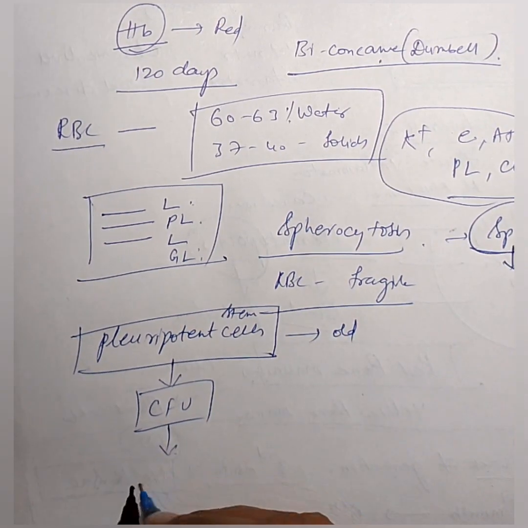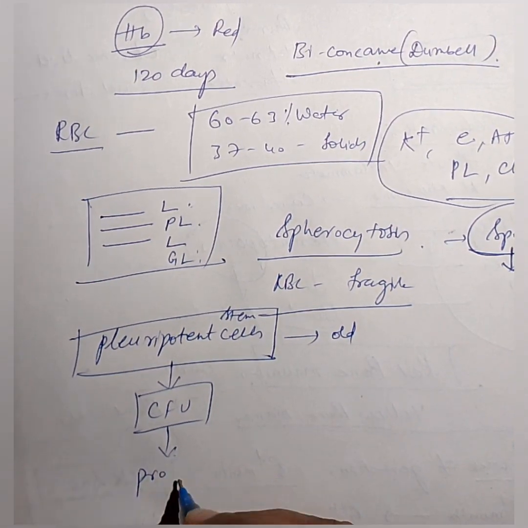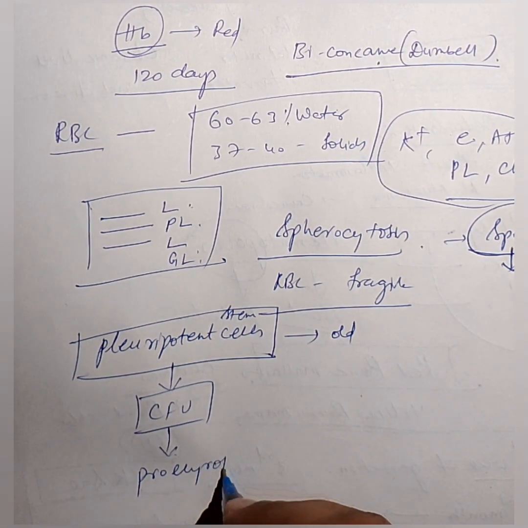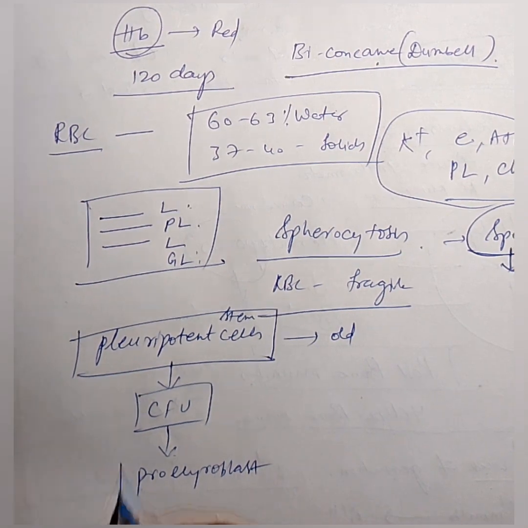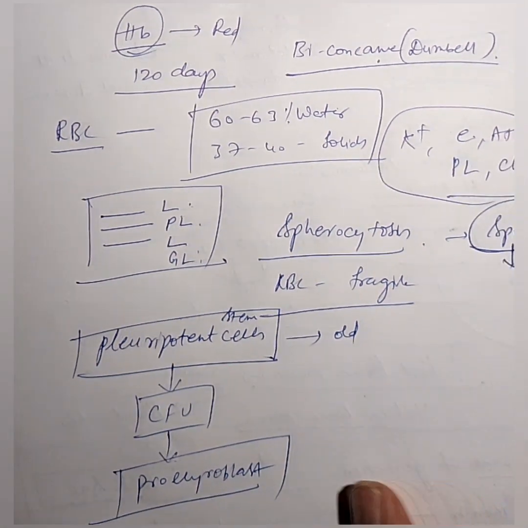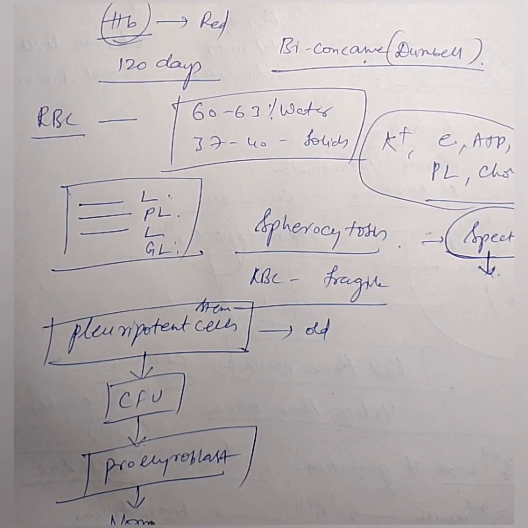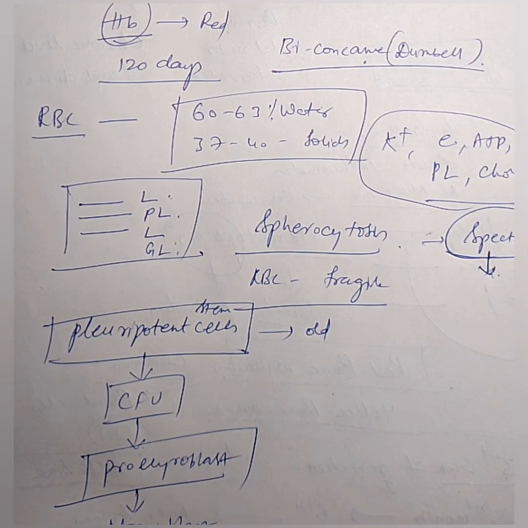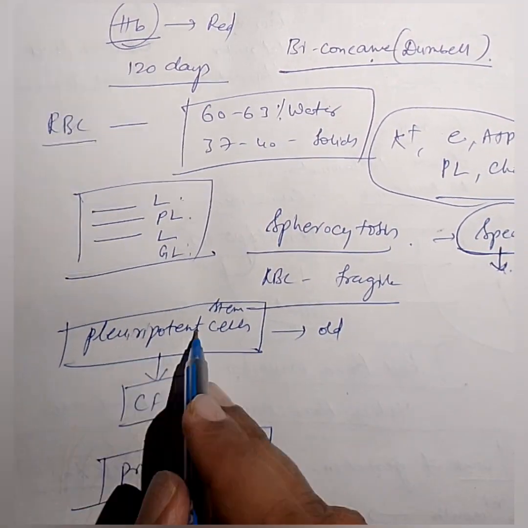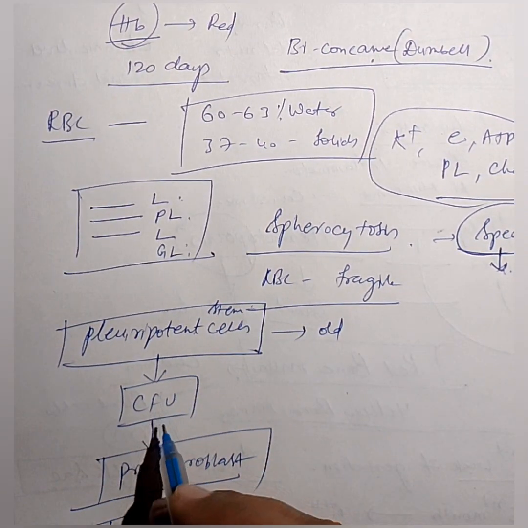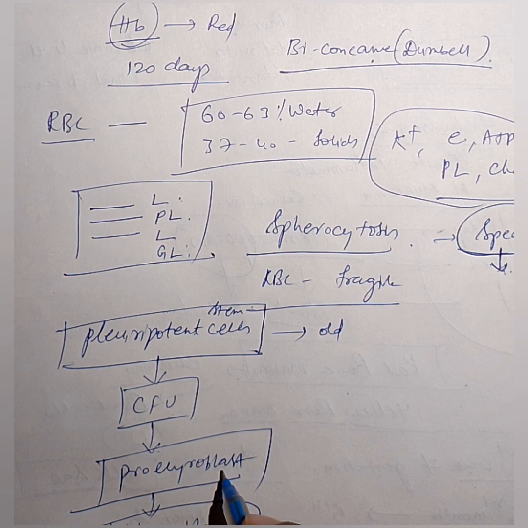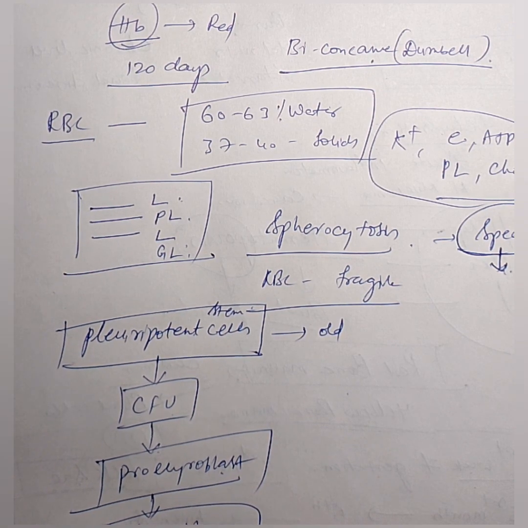From this we can see proerythroblast. Before the formation of erythroblast we can see proerythroblast, and after this we can see normoblast cells. All these are the sequence of the cells. First we can see pluripotent stem cells, next colony forming units, next proerythroblast, next normoblast.